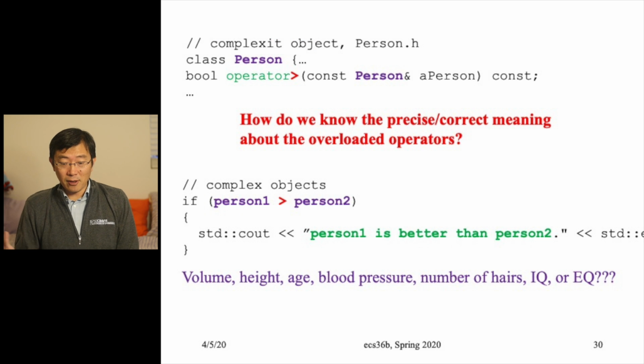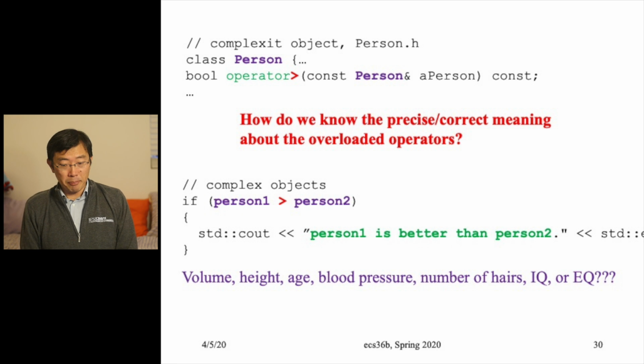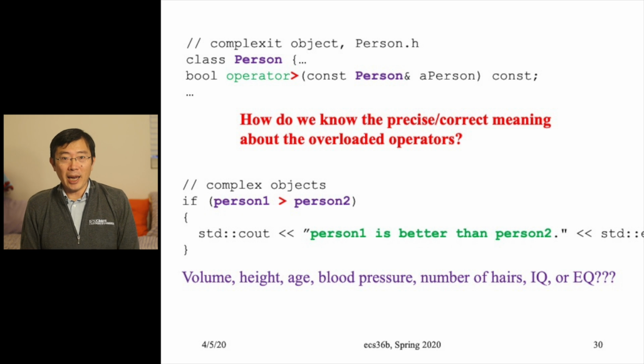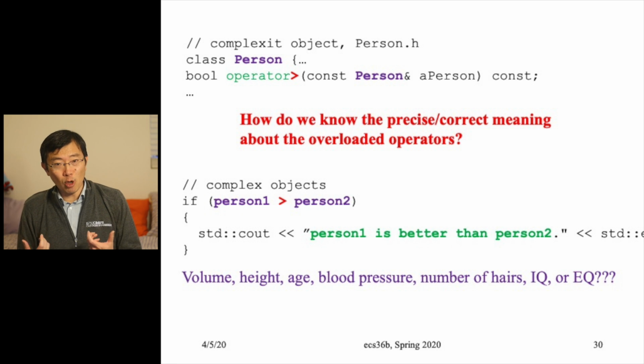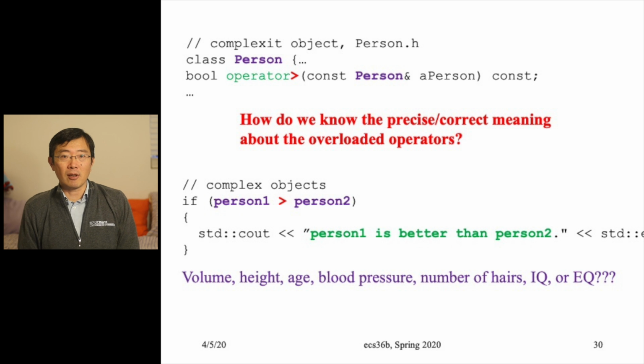This could mean you're comparing 2 persons, their volume or their height, their age, their blood pressure, or how many hairs they have, or IQ or EQ. There are so many things you can compare with person 1 and person 2. And I'm confused because at this moment, I don't know what perspective of that person has been overloaded through this greater sign.